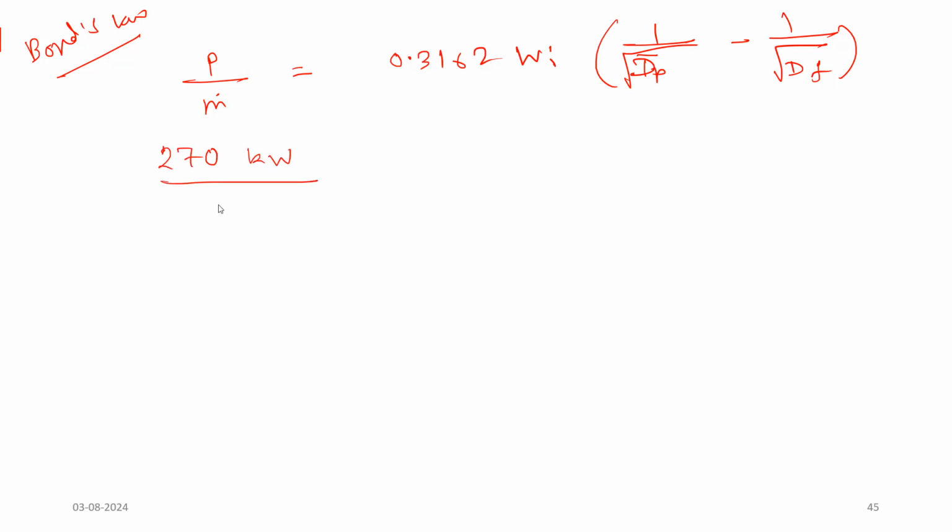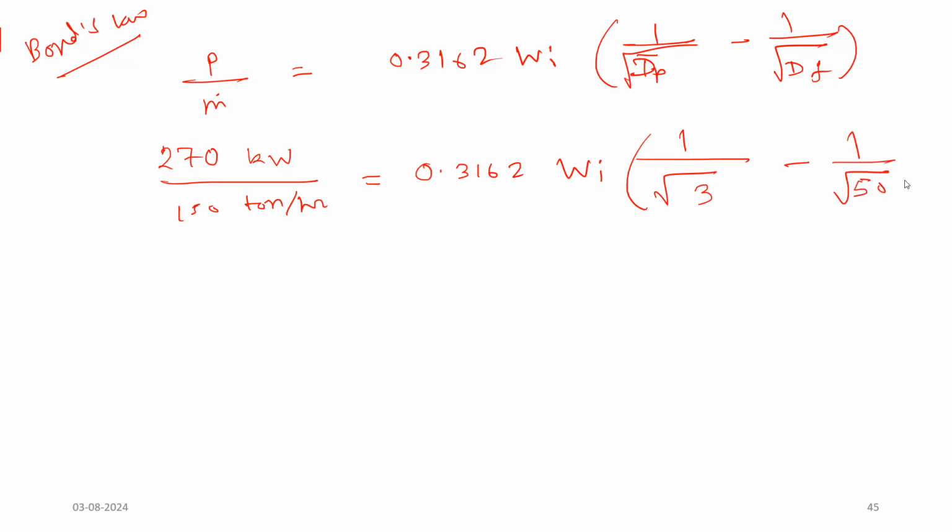M is 150 ton per hour. The product size is 3 millimeter and the feed size is 50. So after calculating, the work index is coming as 13.06 kilowatt hour per ton.